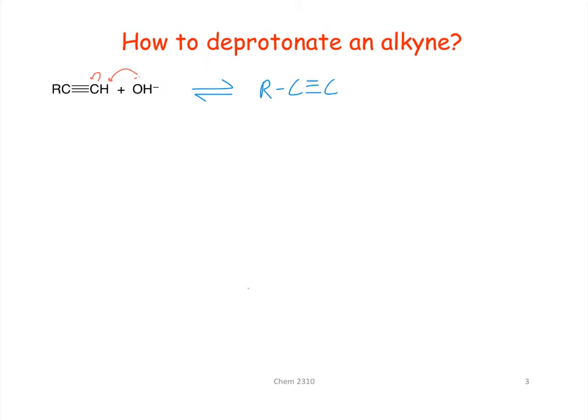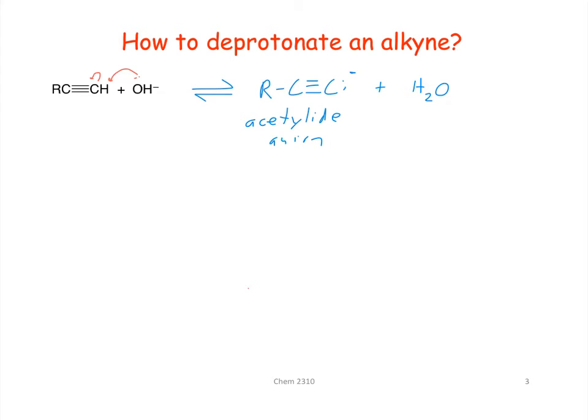We get the conjugate base of the alkyne. This is actually from acetylene, but this is a generic term. It's called the acetylide anion, plus water. So which direction do you think this equilibrium is going to lie?